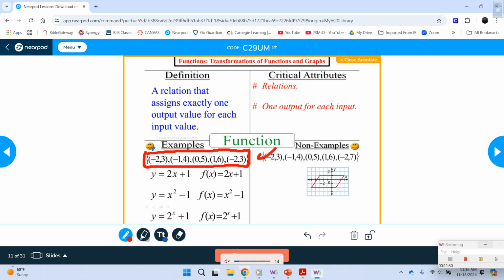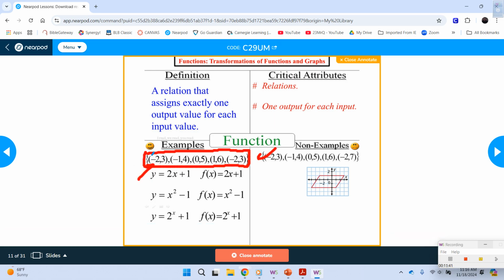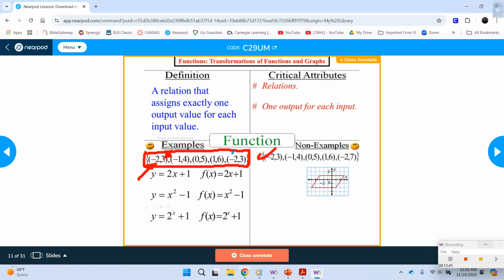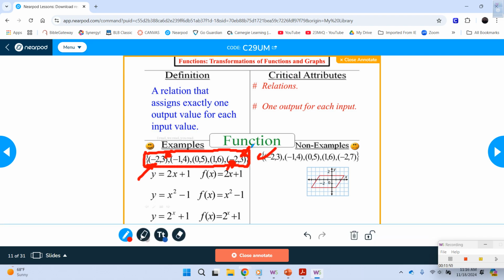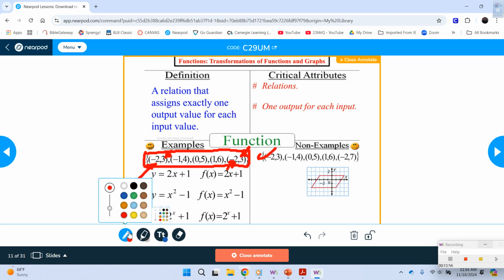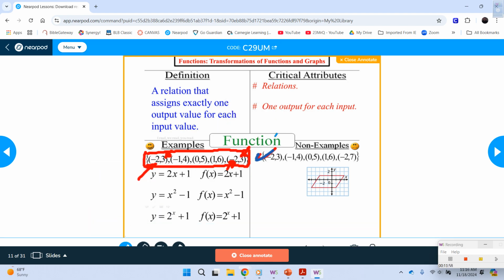The same input has the same output. Specifically, which one do we look at? -2 and 3. The input is -2. The output should be 3. When it repeats again over here, yes, it has the same output. So, why is the other one not a function?